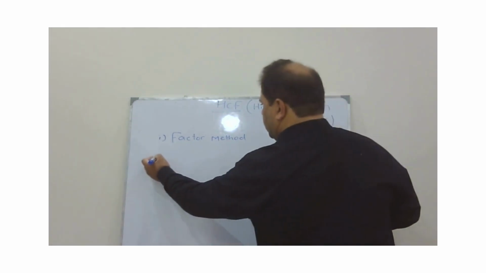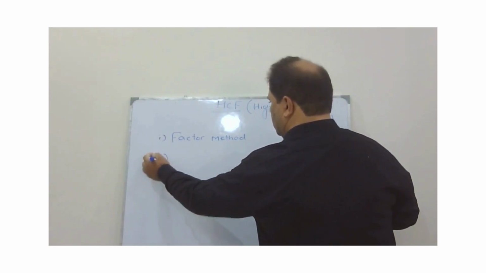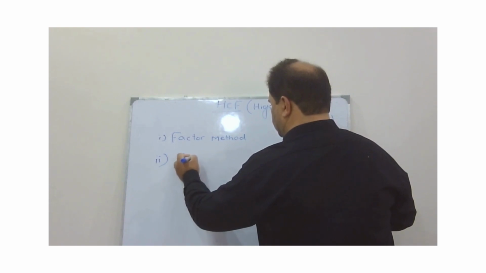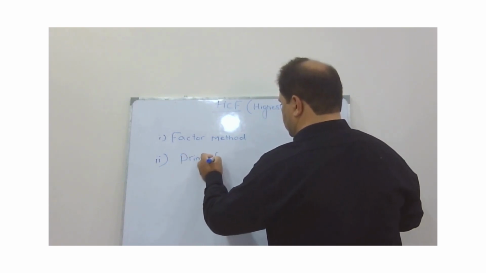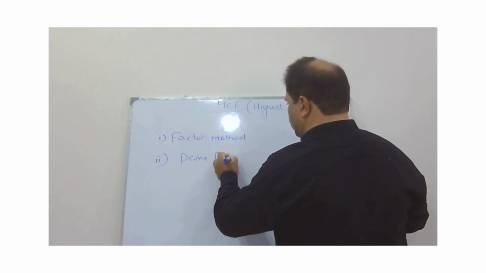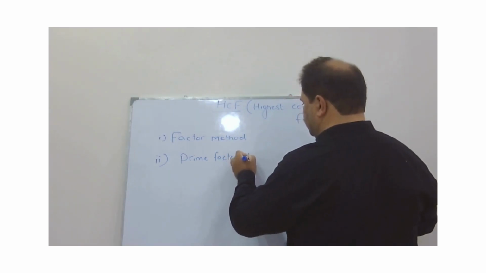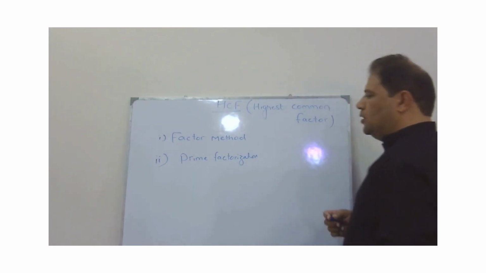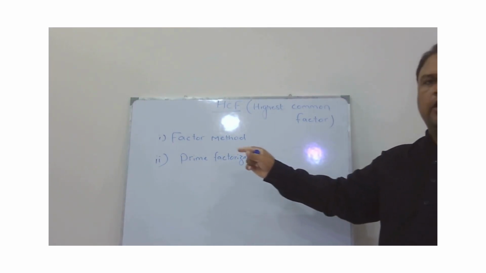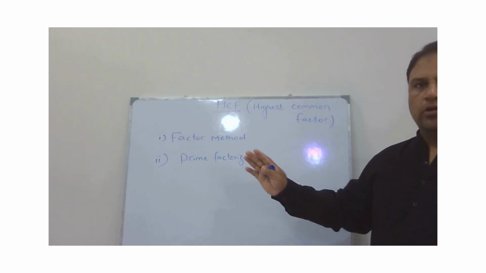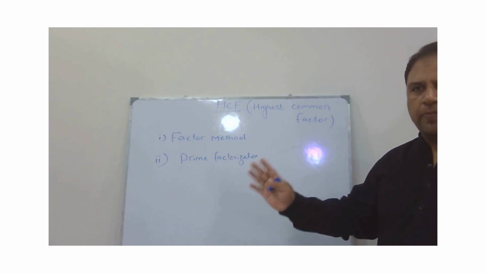The second method is prime factorization method. In prime factorization it has two further types: combined method and separate method.